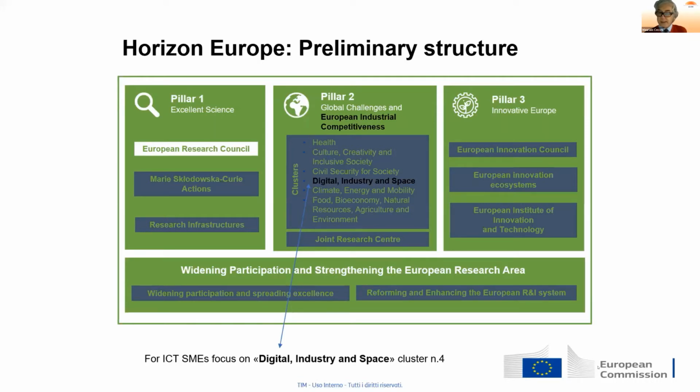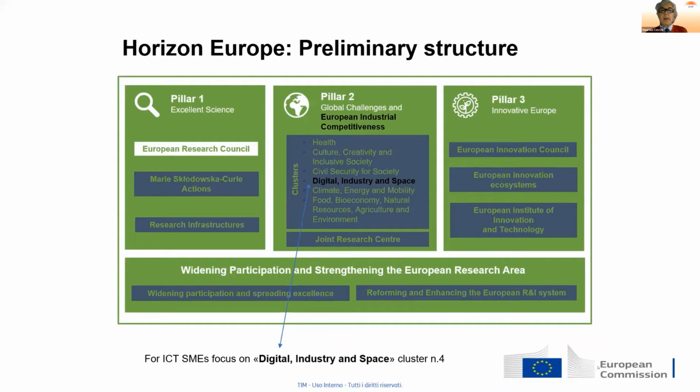The one that I guess is much more interesting for you as attendees, as participants, is the second pillar, which is divided into the different sectors of research: health, culture, and so on. And cluster 4, digital industry and space, is where all the new calls for tender for ICT are.